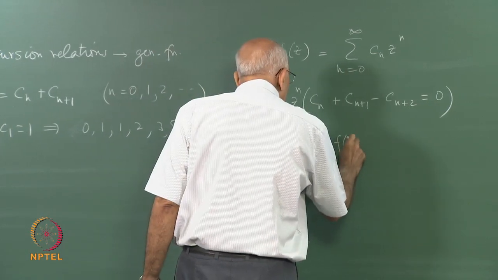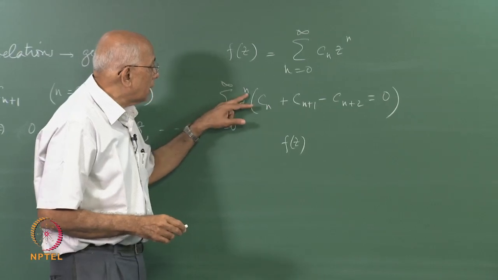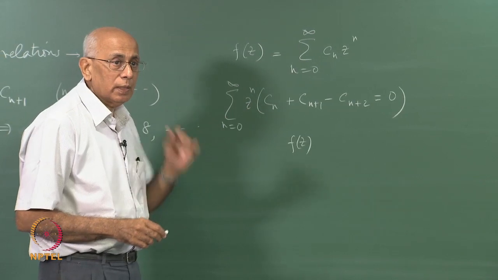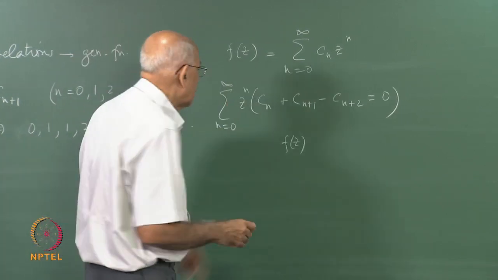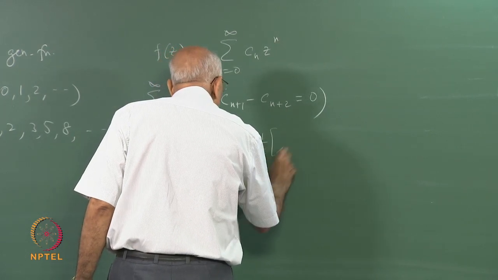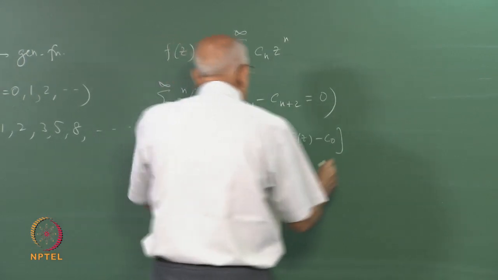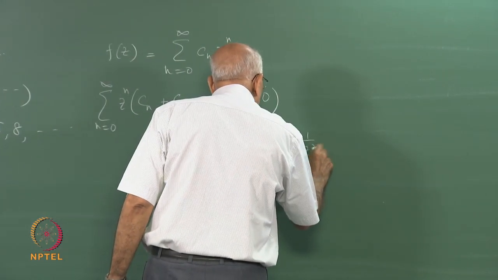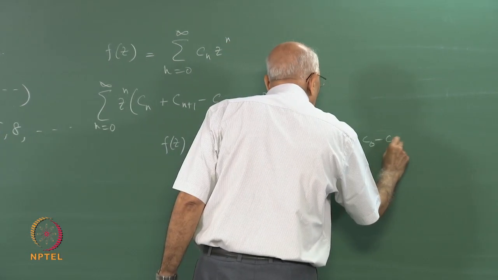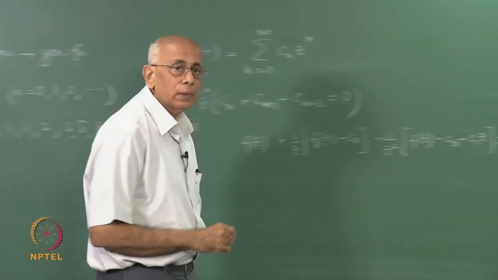and then you get f of z, that is the first term. The second term is z to the n plus 1 with a 1 over z, and that is f of z minus C naught, of course, because you do not have the 0 term there. So plus 1 over z times f of z minus C naught, and the last term is minus 1 over z squared times f of z minus C naught minus C1 z, and that is equal to 0 on this side.